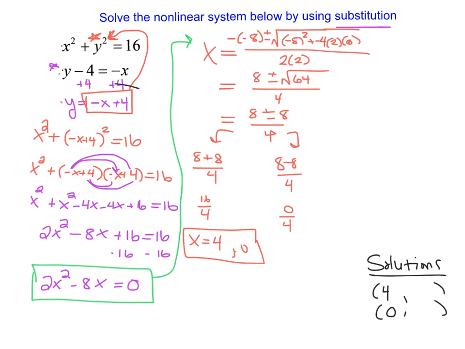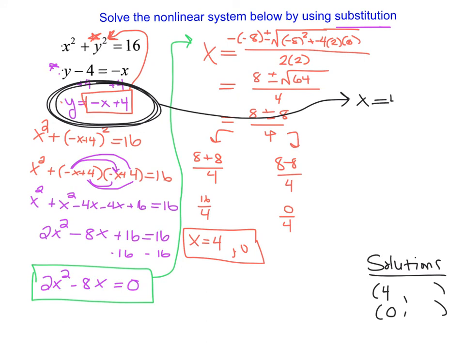What I'm going to do here is utilize this equation, because if I know what x is, I can simply substitute x in and very quickly find y. So I'm going to start with x equals 4. If I plug that in there, I get y equals negative 4 plus 4, which is 0.